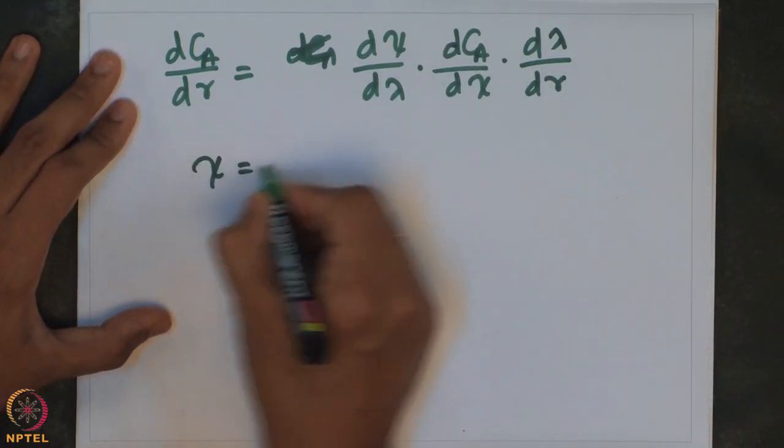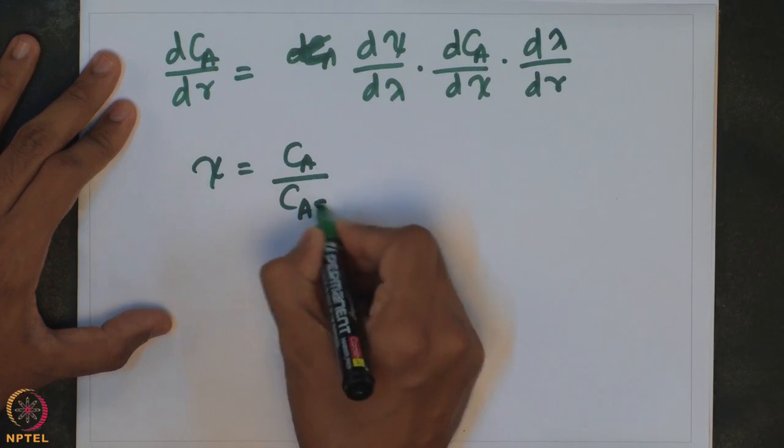Now, we know that psi is equal to Ca by Cas.